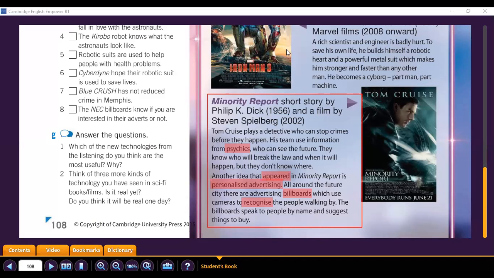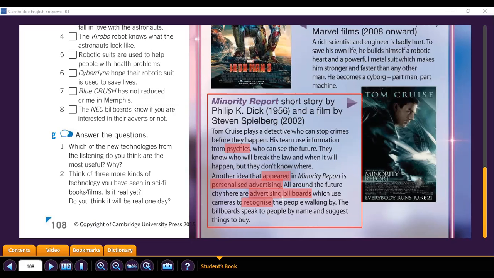Son los anuncios publicitarios, pero en este caso personalizados. Then we have, all around the future city, advertising billboards. Estos advertising billboards serían los carteles o las vallas donde ustedes pueden ver los anuncios publicitarios en la ciudad.